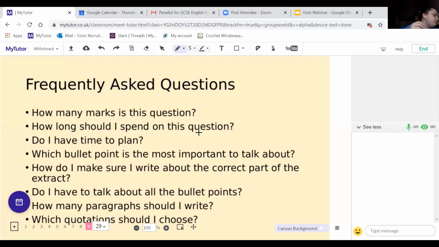So don't worry about doing, right, I've said personification for this one, I've done my little bit of analysis, now I need to find another technique, and then I need to talk about that. You don't have to do personification, a little bit of analysis, personification, a little bit of analysis. Do really chunky ones. Pull that text apart and talk about as much as you possibly can for that quotation, because that's what flies you up through the marks.